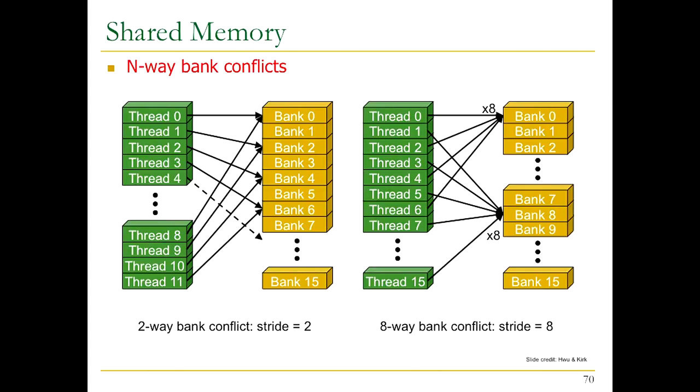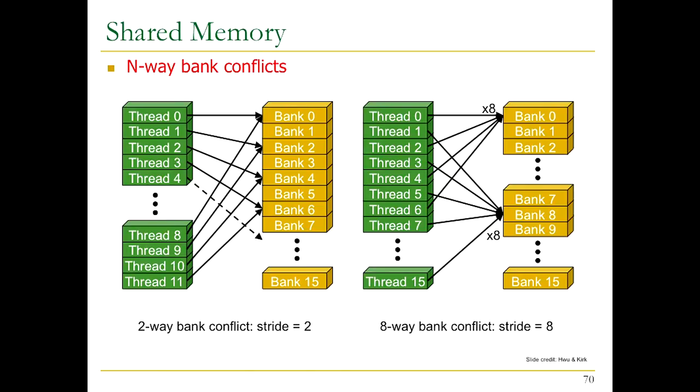When we have strides. Remember that if we have 32 banks, which is a power of 2, and we access with strides that are a power of 2, we will have bank conflicts, right? In this case, our stride is 2, so we have a 2-way bank conflict. Or if our stride is 8, we have an 8-way bank conflict.